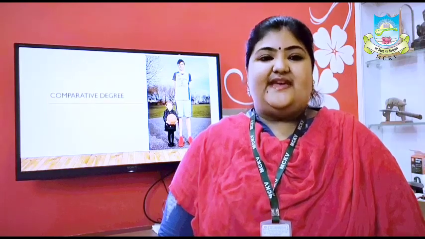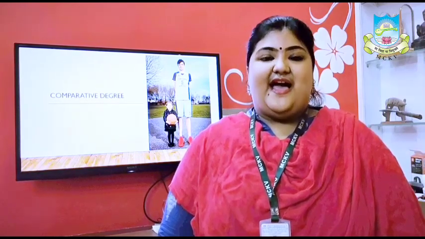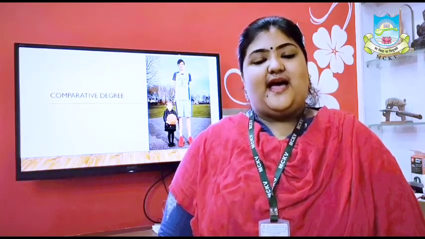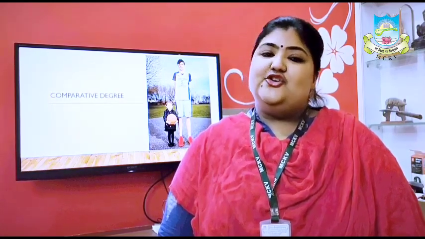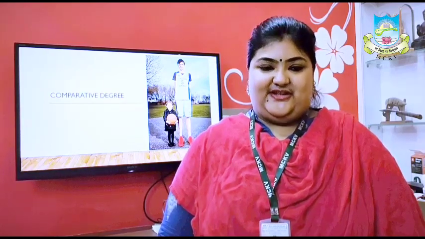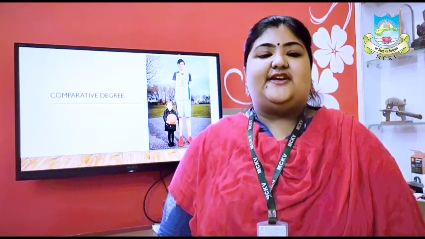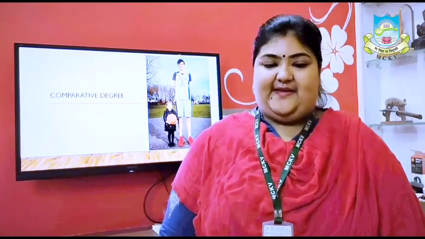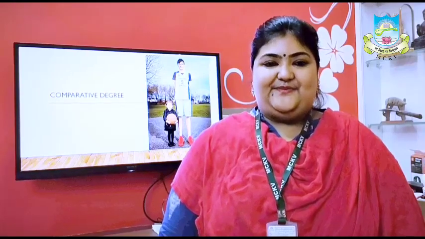The adjective is tall and short. I am adding the suffix er to tall, and I am also adding the suffix er to short to make it shorter. Hence, in a comparative degree of adjective, you usually have words like shorter, taller, and then it is followed by the word than. We'll move on to the next slide.